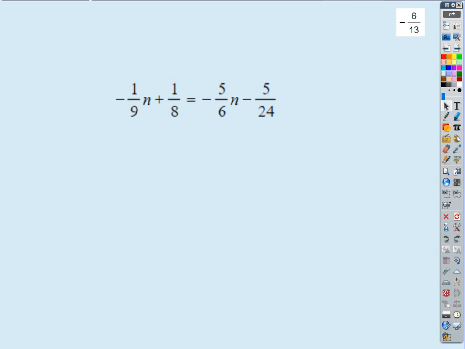I bet you're close. Let's touch base with this. So, how can we clear the fractions? What can we distribute through both sides here? Say it again? 72, good.